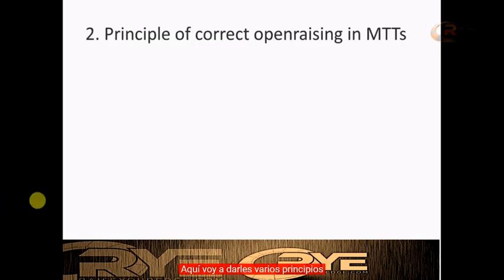So here I'm going to give you a few principles you can apply in order to open raise the correct ranges in MTTs, and also be able to make adjustments. But let me say something first. It's not about knowing the exact thresholds, like, okay, if this guy has a VPIP of 28, I have to do this and this.